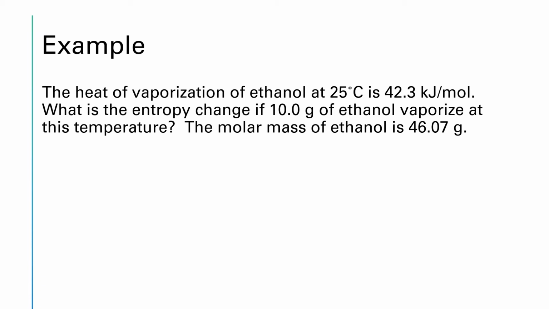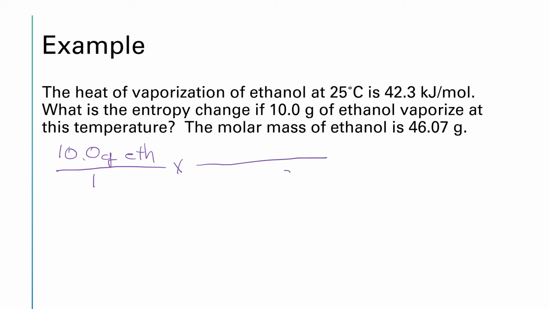So let's start by changing that 10 grams of ethanol into moles, and then we can use the heat of vaporization to figure out the entropy change for that amount. So 10 grams of ethanol over 1. This is just a standard mole conversion type problem.